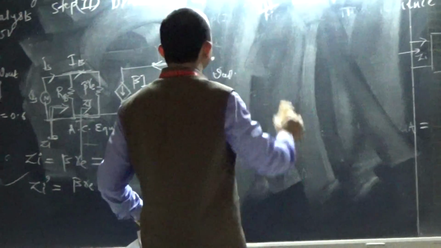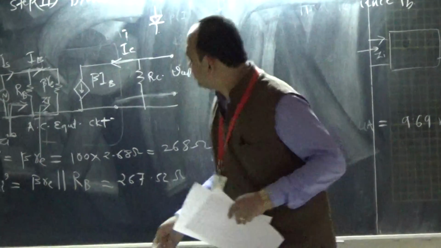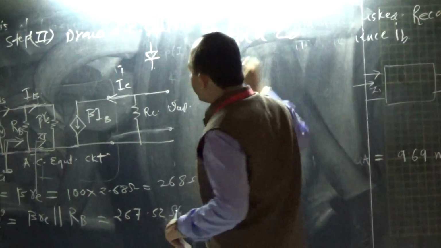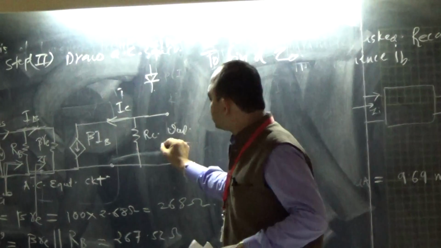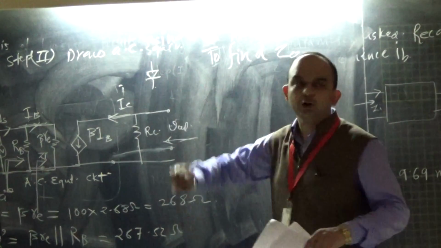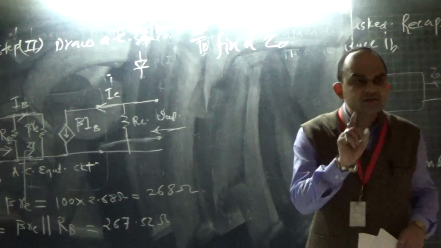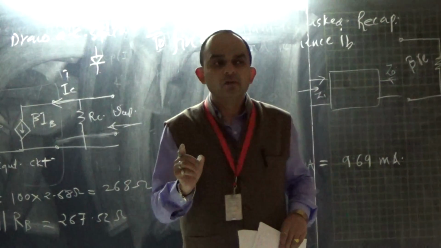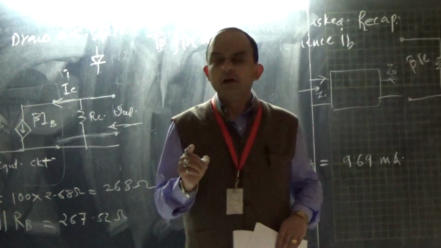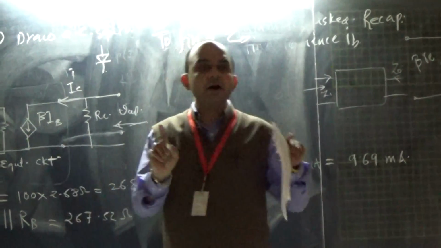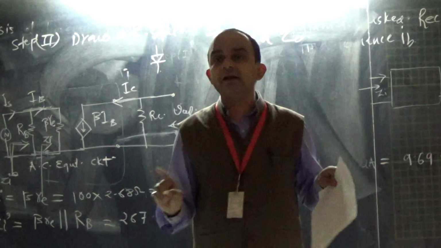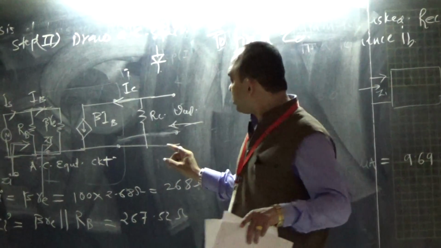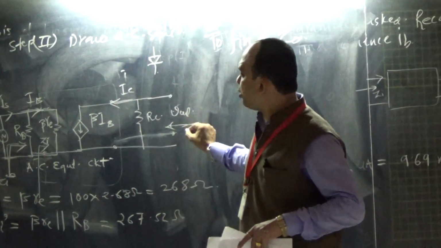So the next step is ZO, the resistance or impedance offered at the output. So what will be the ZO over here?